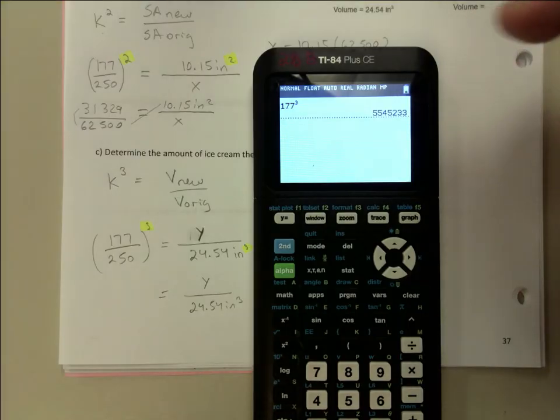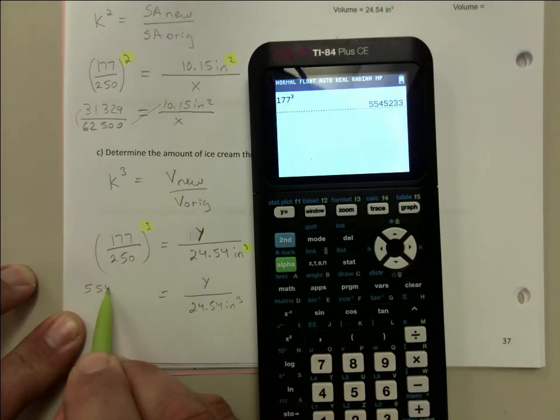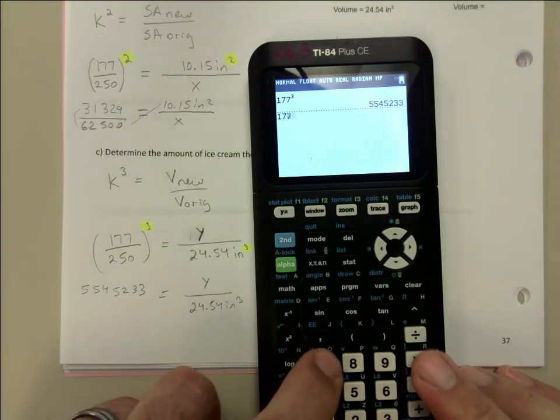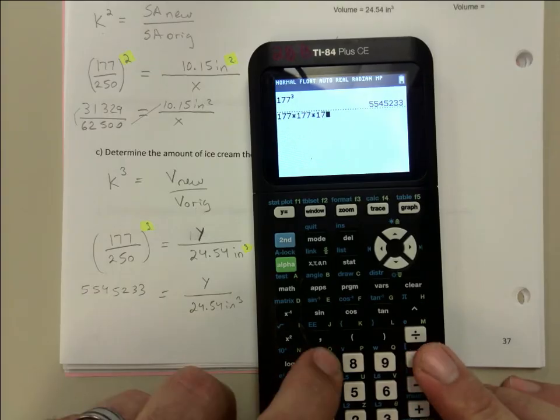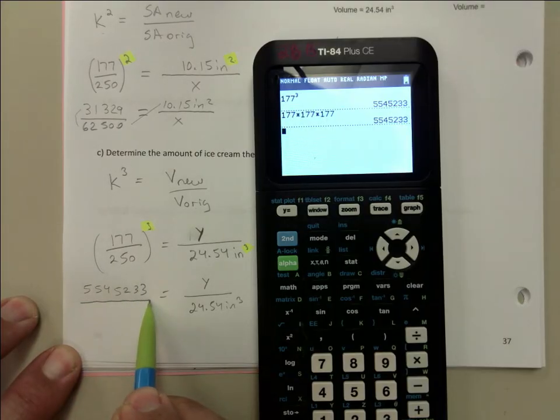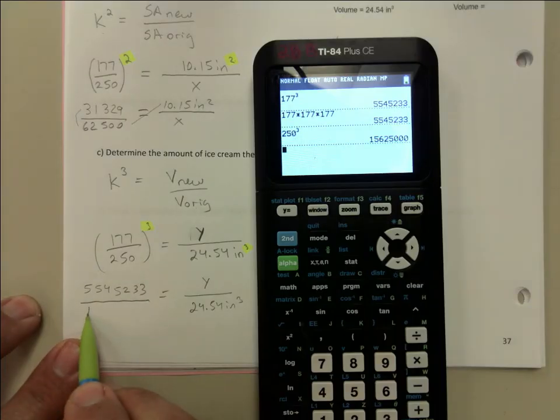That's what I get when I cube things. 5,545,233. If you draw a blank, you can also do this. Watch, 177 times 177 times 177. You do whatever works best. 250 to the power of 3 is that.